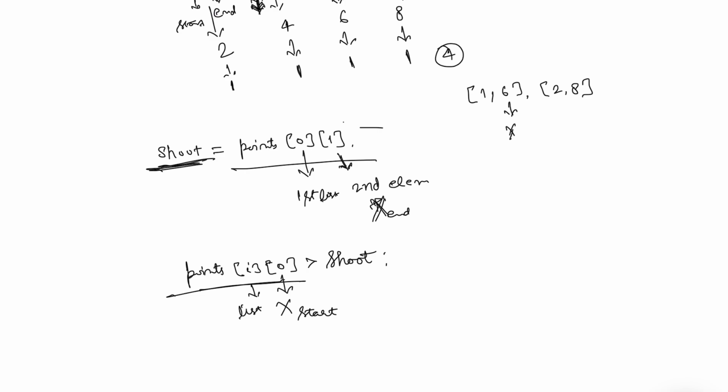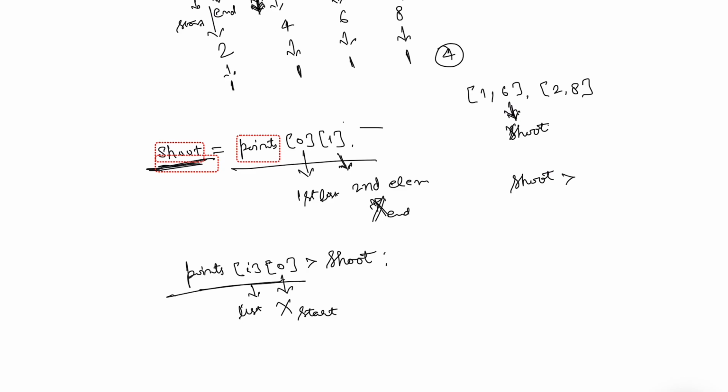So this is the position of shoot. Okay, so for this position to shoot the next balloon, what should be the condition? This shoot value should be greater than the next list's first element.